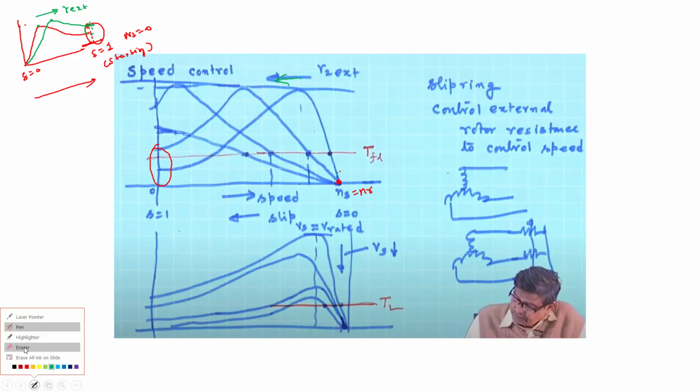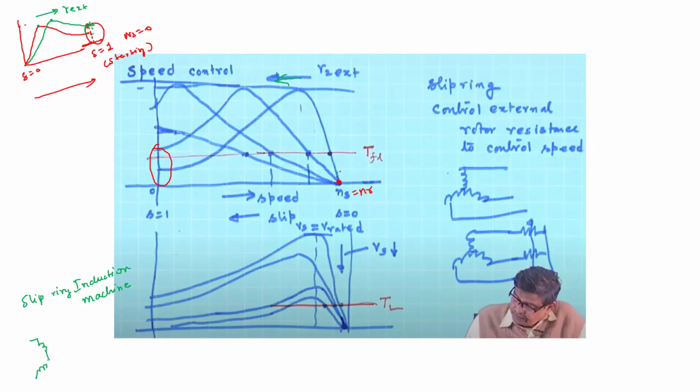So you see what happens by varying this external resistance in the rotor circuit. Let me draw the machine. For the slip ring induction machine, you have the stator, and then you have the rotor.